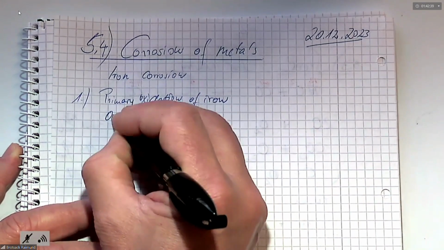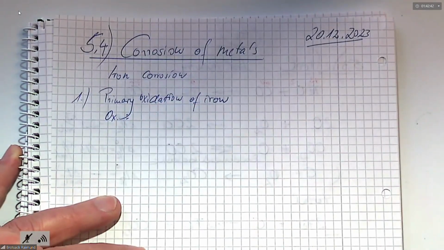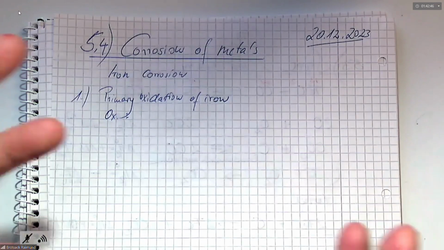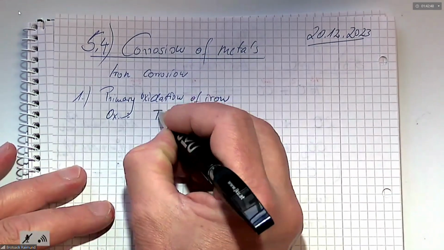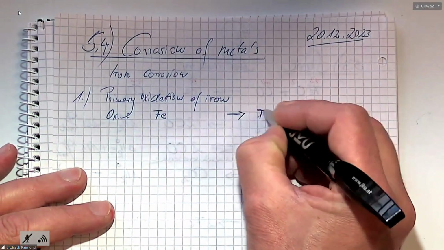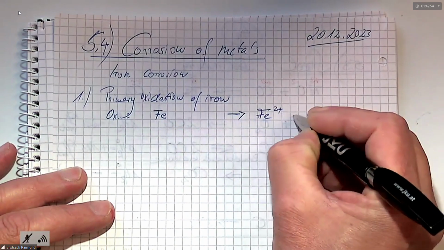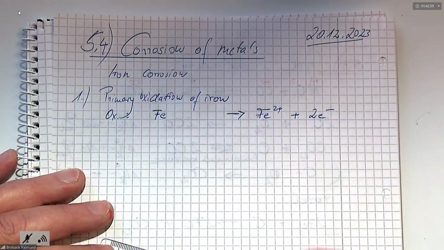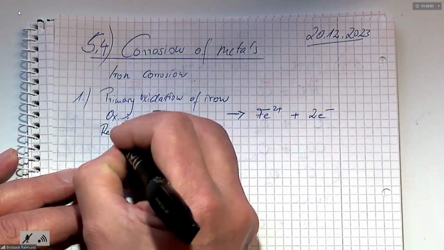In a redox reaction there are two parts, the reduction and the oxidation. The oxidation is that the elemental iron is now oxidized to form iron 2+. 2 electrons are delivered. And the reduction is here.